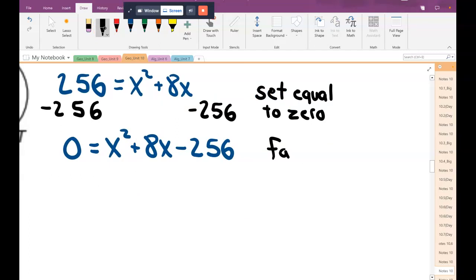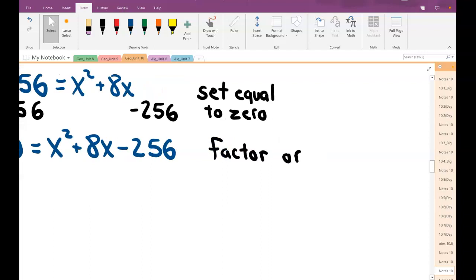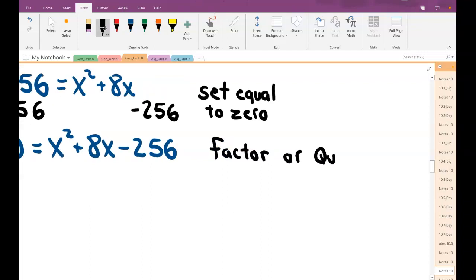You factor, or you use your quadratic formula.